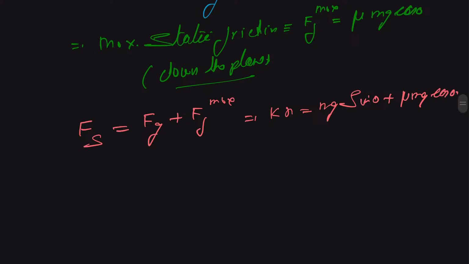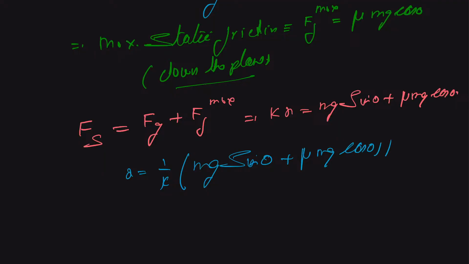And from here we can easily find the value of x, which is equal to 1 upon k times mg sine of theta plus mu mg cos of theta. That was asked in the first part. And so we come to our second part. It states that when the friction is suddenly removed.